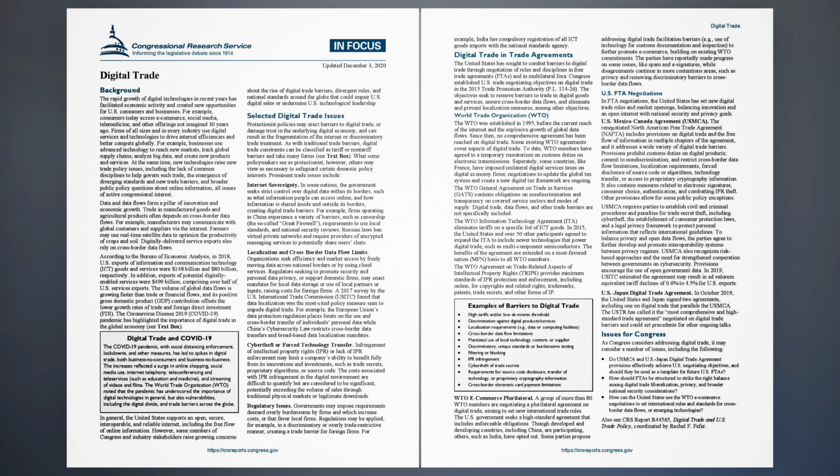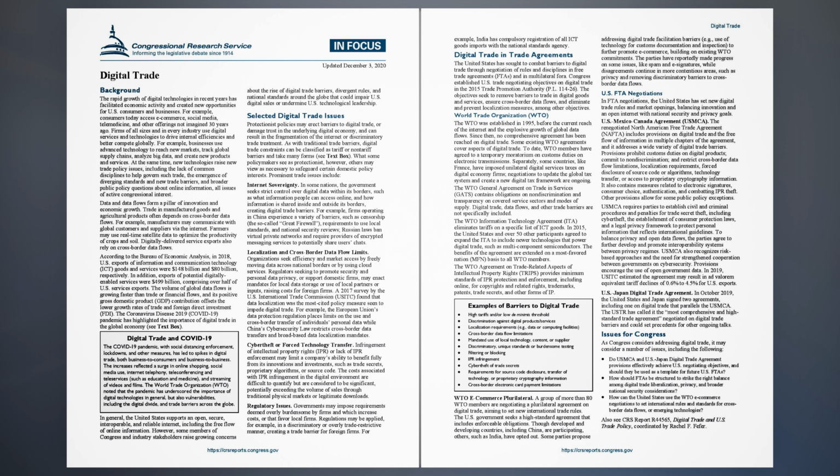The WTO General Agreement on Trade in Services (GATS) contains obligations on non-discrimination and transparency on covered service sectors and modes of supply. Digital trade, data flows, and other trade barriers are not specifically included. The WTO Information Technology Agreement (ITA) eliminates tariffs on a specific list of ICT goods. In 2015, the United States and over 50 other participants agreed to expand the ITA to include newer technologies that power digital trade, such as multi-component semiconductors.